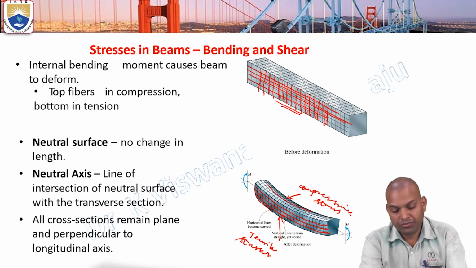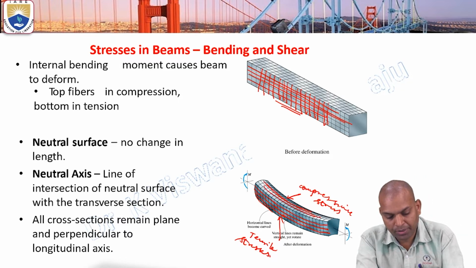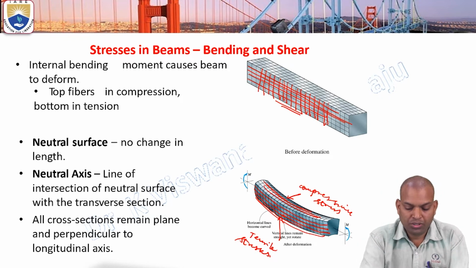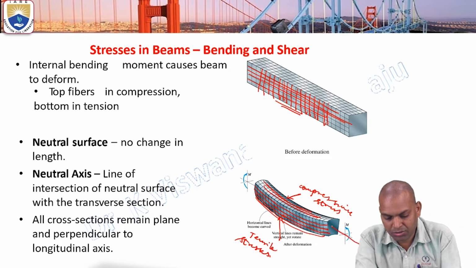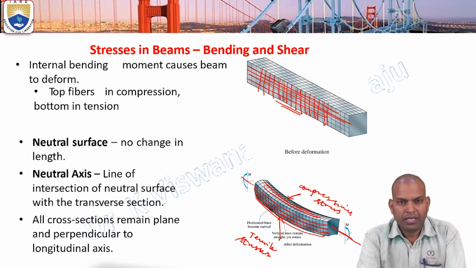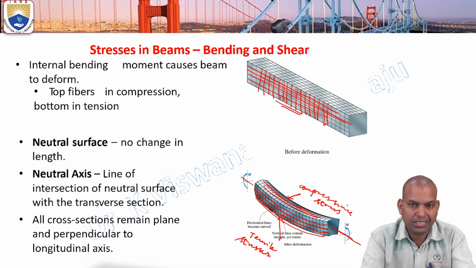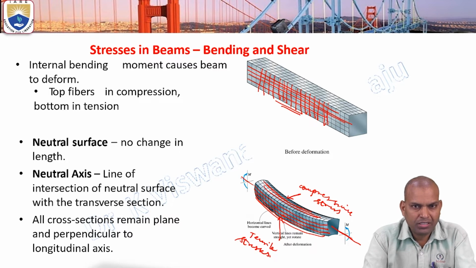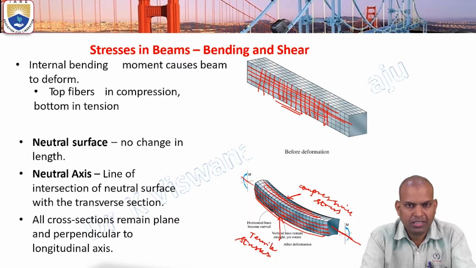That means the upper portion is under compression and the bottom portion is under tension. So there is an axis, and this axis is known as the neutral axis. The neutral surface has no change in length. The neutral surface experiences neither compression nor tension.